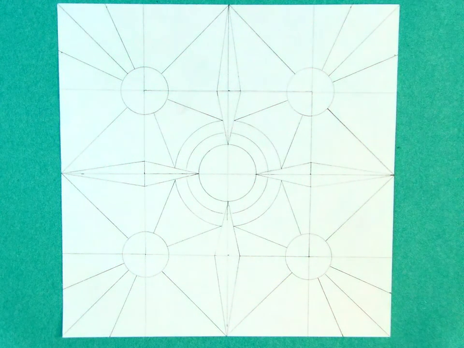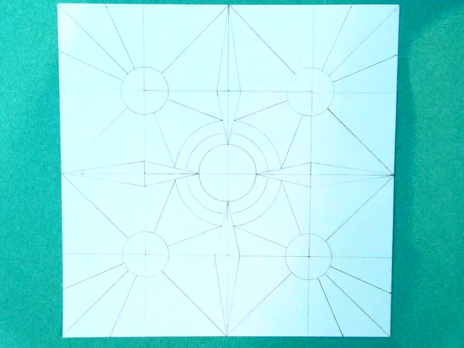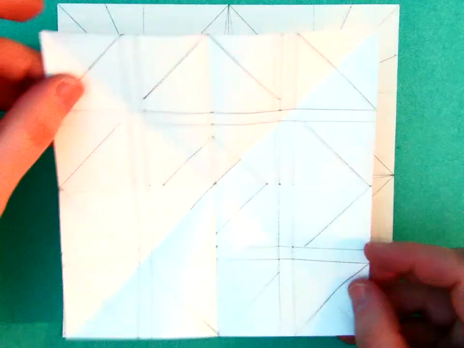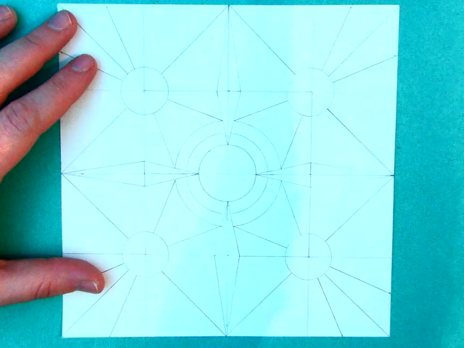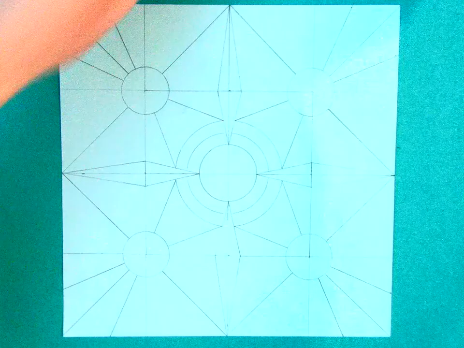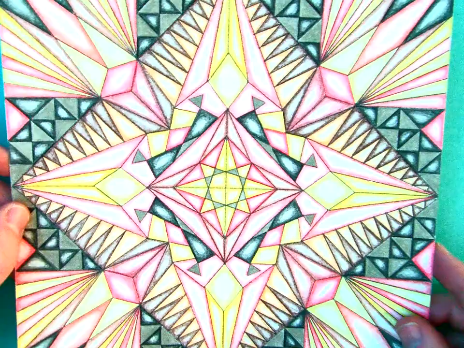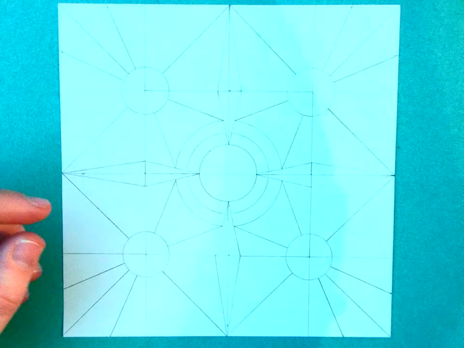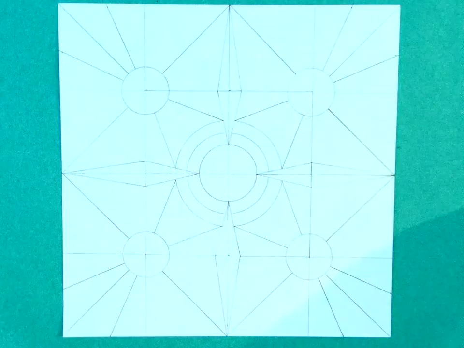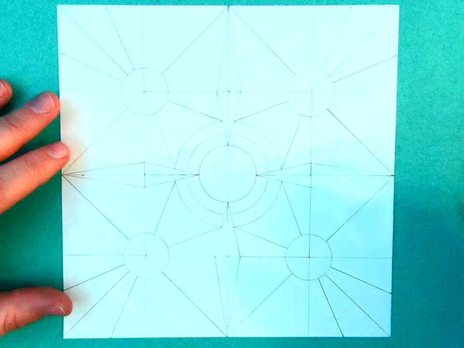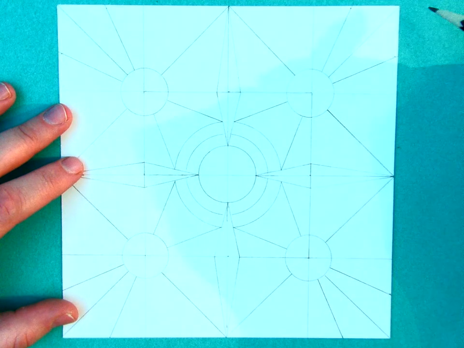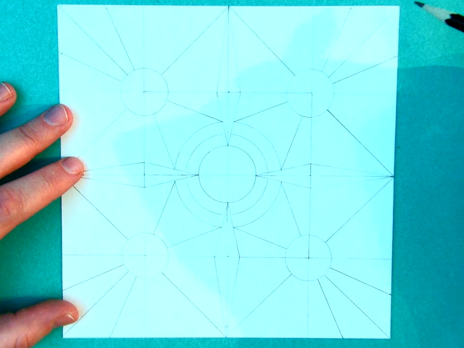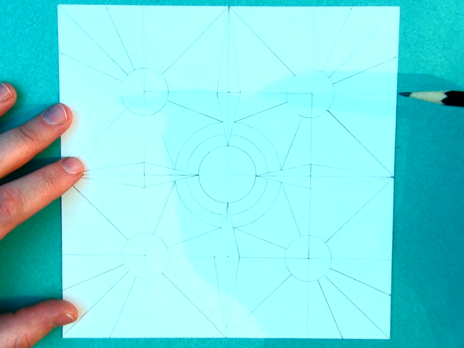You can do a 6 by 6, which is this size, a 7 by 7, which is this size, or an 8 by 8, which is this size from this one. Those would be the three sizes to choose from. Any larger than that, and the paper is going to have to be a special paper of a special size. But these you can all do with an 8.5 by 11 sheet of paper.